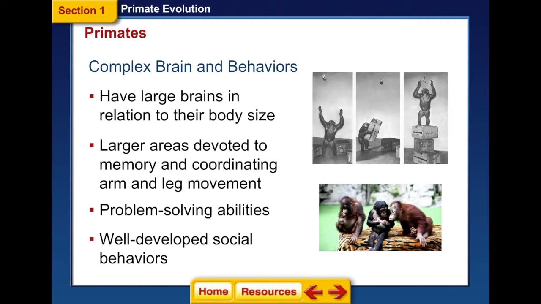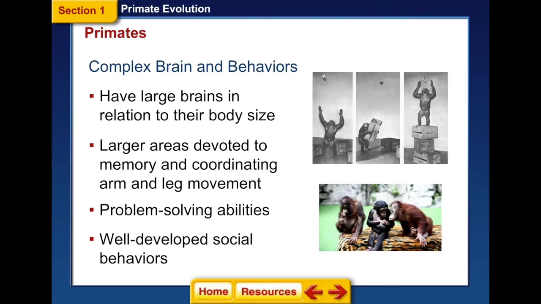Now, primates also have a complex brain and behaviors. We say that they have larger brains in relation to their body size when we compare them to other species, to other organisms. They also have larger areas of their brain devoted to memory and coordination, both in their arms and legs. We know that they also have really good problem-solving abilities.